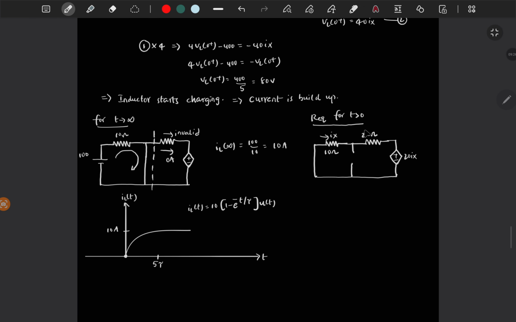Yeah. Now if you want to find R equivalent between these two terminals, so the shortcut is, you have to apply test voltage or test current and find the current or voltage.